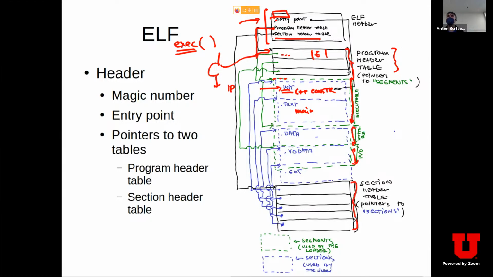That's why I draw it here. It's again a table, which has enough information about those blue sections, and it describes how those sections have to be linked, not loaded but linked, relocated. So there will be sections like init, text, relocation information, and stuff like that.